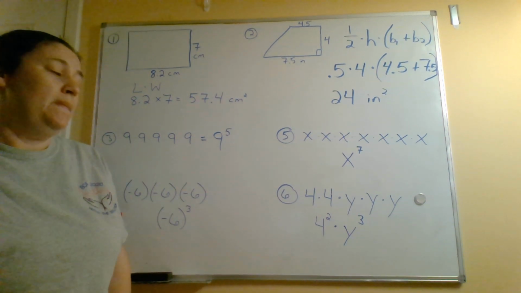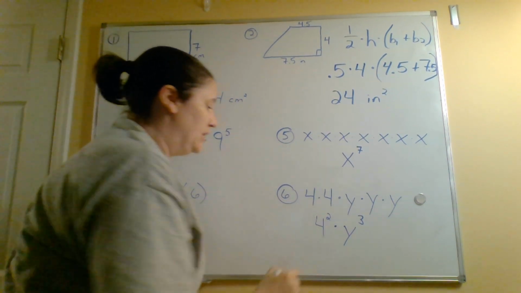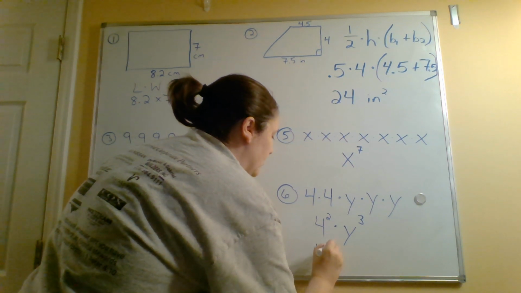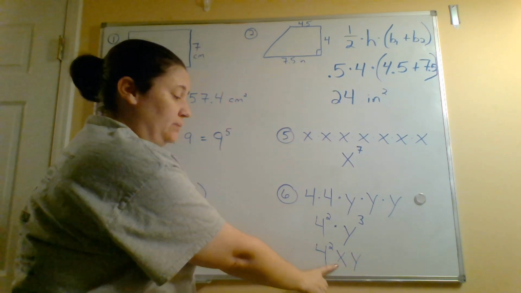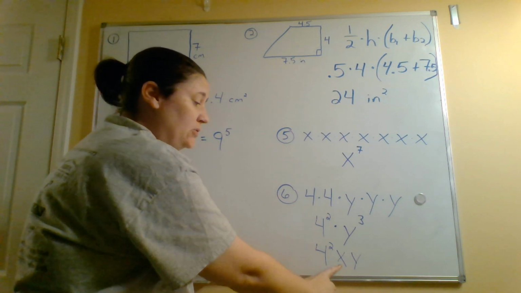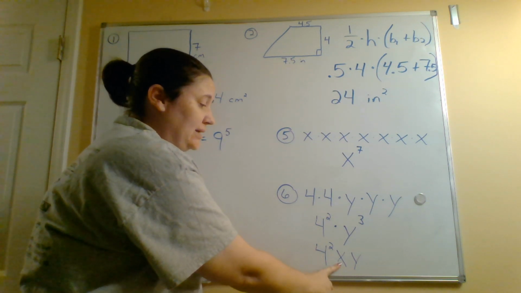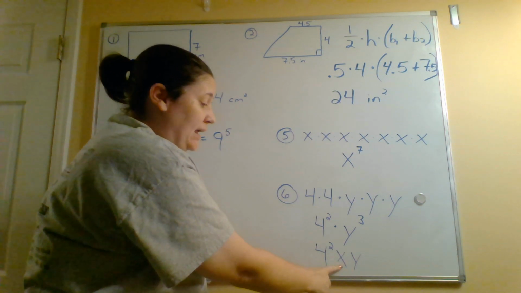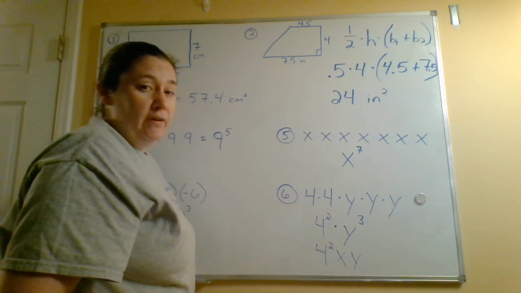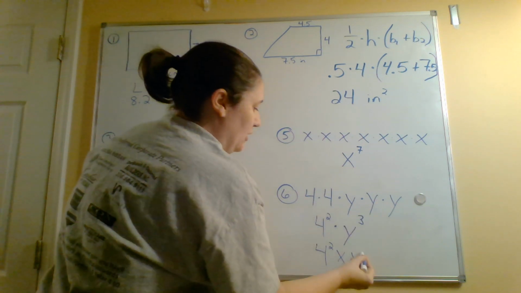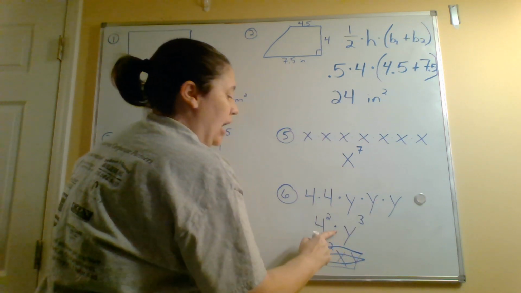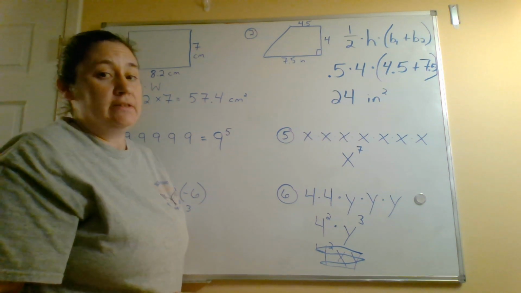For this one, make sure in the future that you don't write your answer like this, 4 squared times y. Because to me, when we are using variables, that times sign looks like the letter X. So I might accidentally mark this wrong if I'm not thinking. So if a problem involves variables, use the dot for multiply instead of the X.